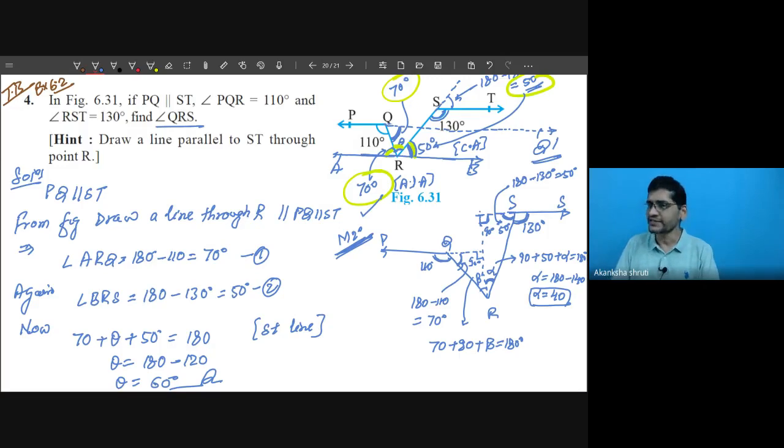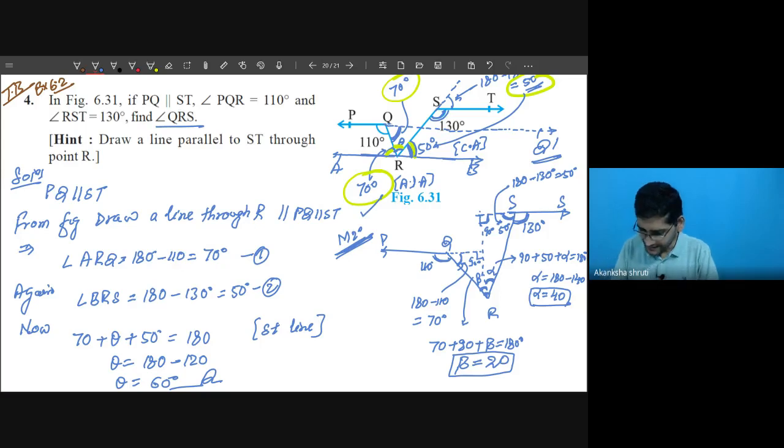Can we write this? Surely we can, because the sum of all the angles of a triangle is 180 degrees. Since we have not discussed this property, I had avoided it and used the parallel line method. But by using the triangle concept, we can also do it. So calculate this beta. Beta is 180 minus 160, which is 20 degrees. Now, what is the entire angle that is asked?